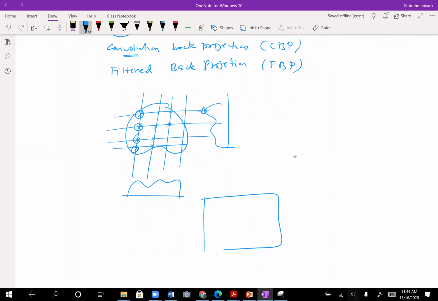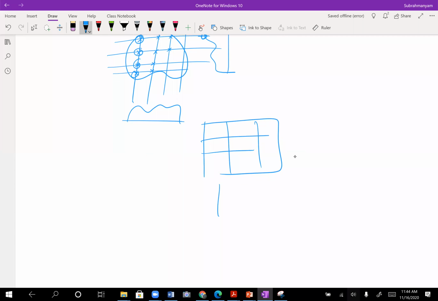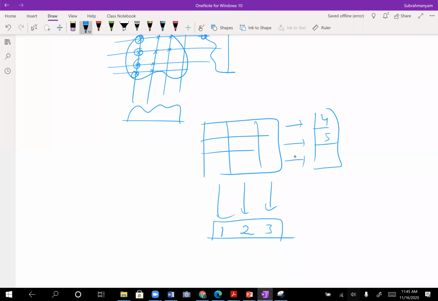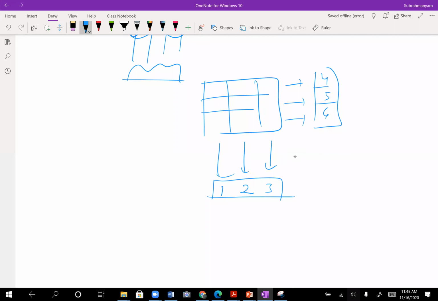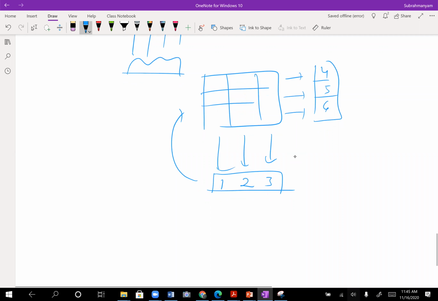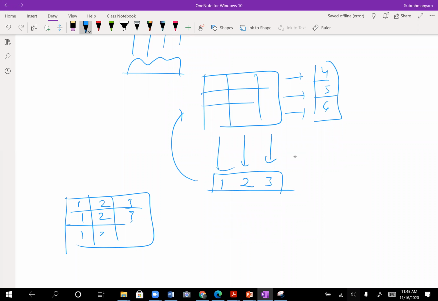Say for example, if you want me to put some value here, once you projected here, you have, let's say, 1 2 3 here. Another projection here might have given you 4 5 6. What will you do as a first step? When you back project this, that would give you 1 2 3, 1 2 3, 1 2 3.